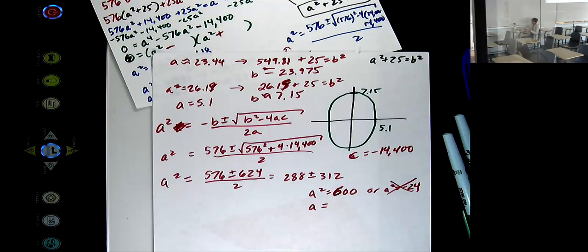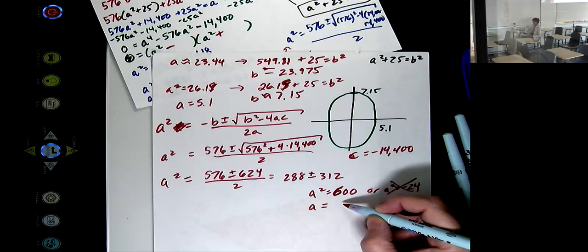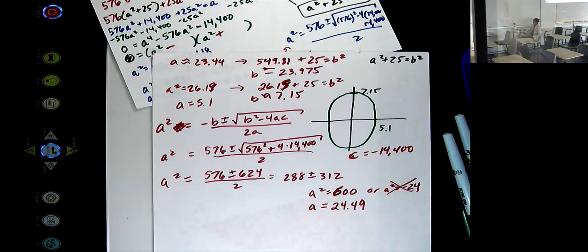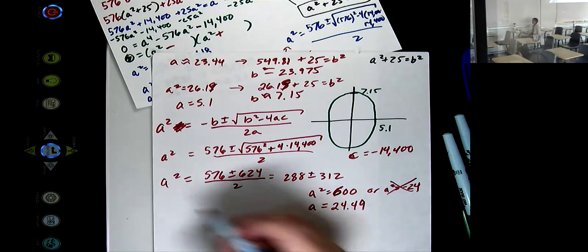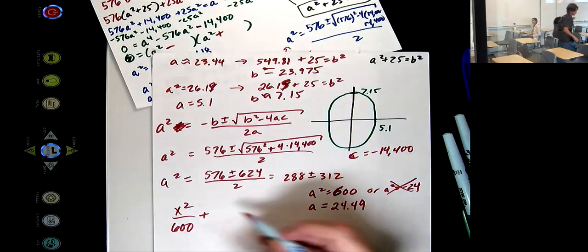Let's make sure that I have that right. 576 plus 624, answer divided by 2, and square root of the answer. A is approximately 24.49.